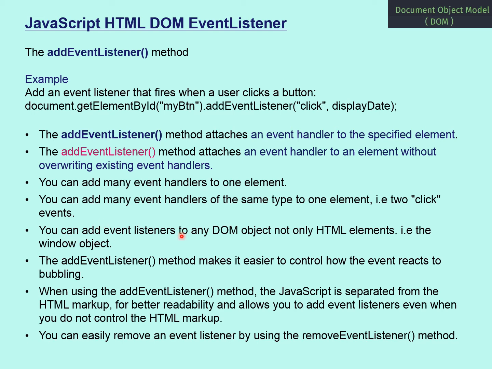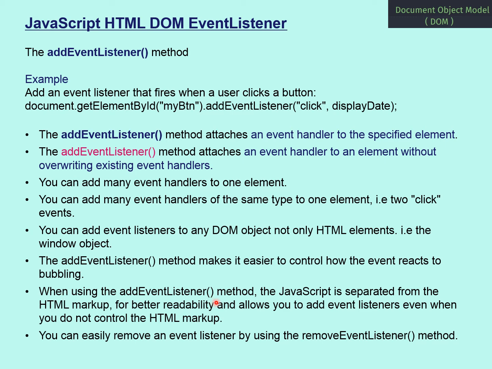You can add event listeners to any DOM object, not only HTML elements, for example the window object. We can also set event listeners on window objects. The addEventListener method makes it easier to control how the event reacts to bubbling. We will see what bubbling is in the coming sessions.